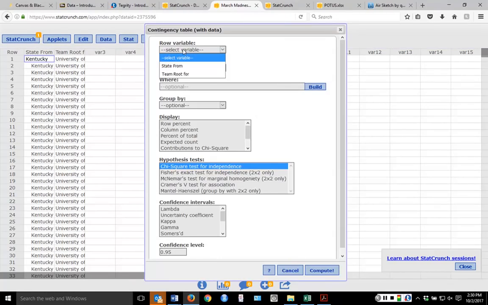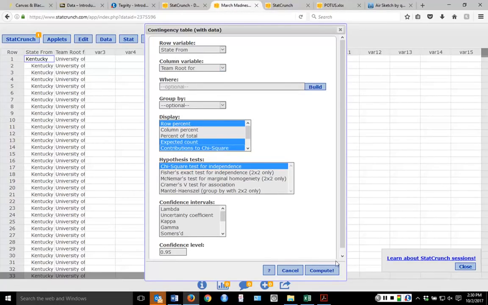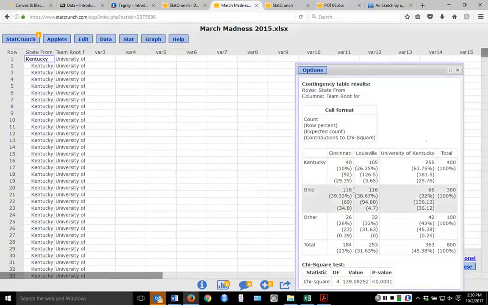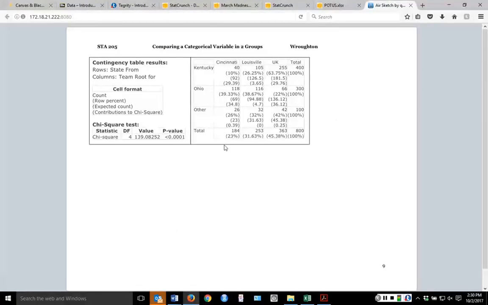My row variable, or my explanatory variable, is what state they're from. My response variable is the team that they're rooting for. And then I clicked I wanted the row percent, the expected count, and our contributions to chi-squared, and hit compute. I just reorganized it a little bit here in our output. So here's where I'll be pulling all of our numbers from.